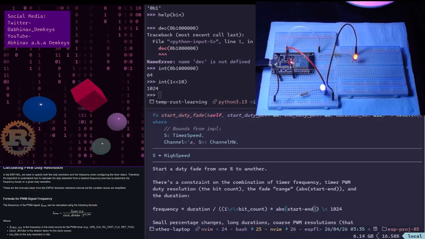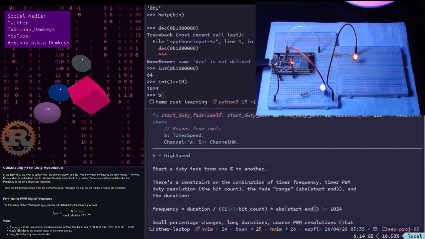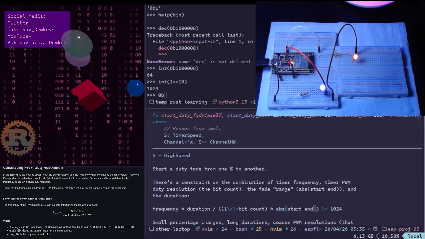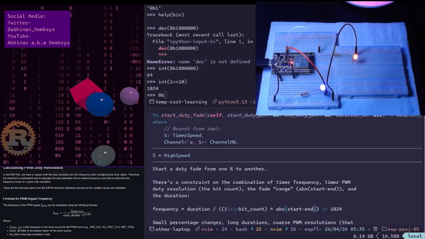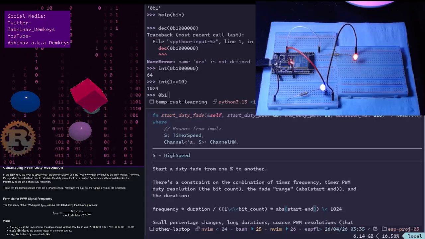This is great. If we look at 0b, this would be 16, right? Well, 15.